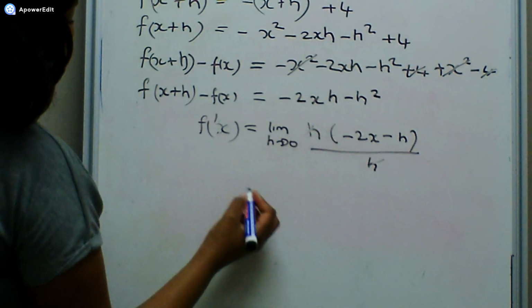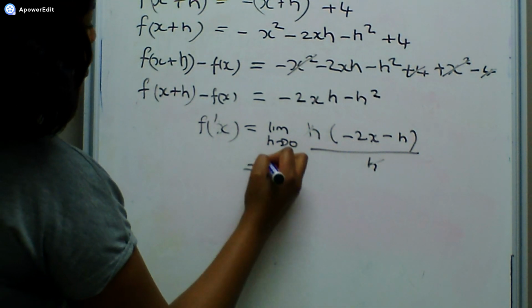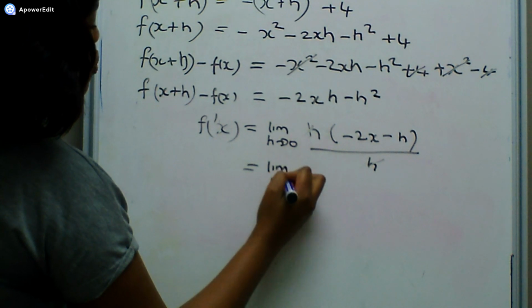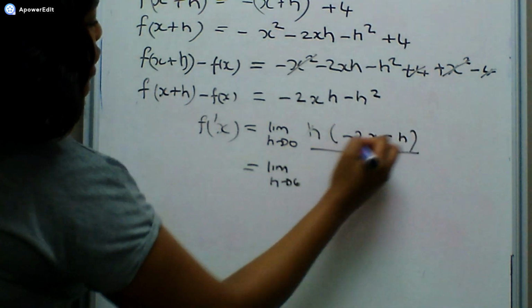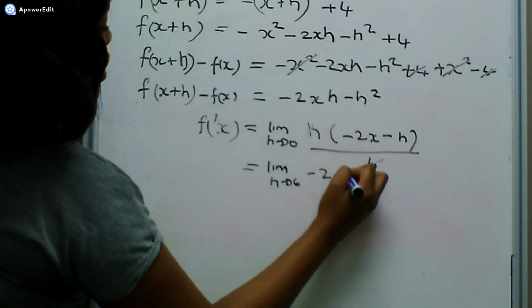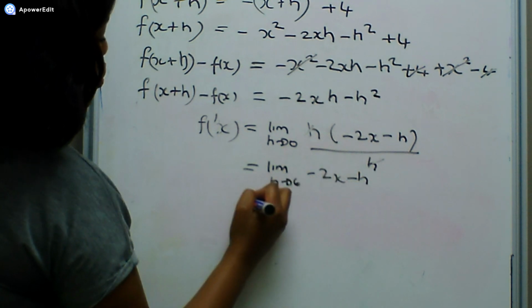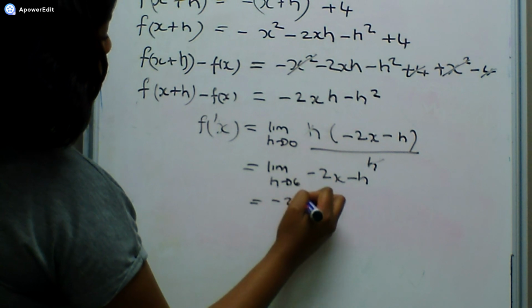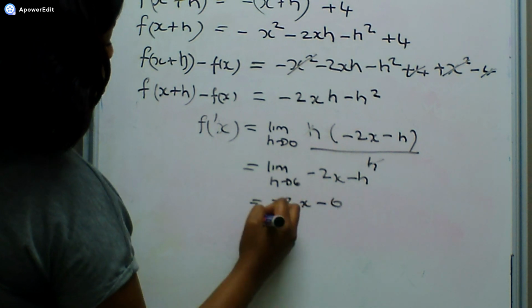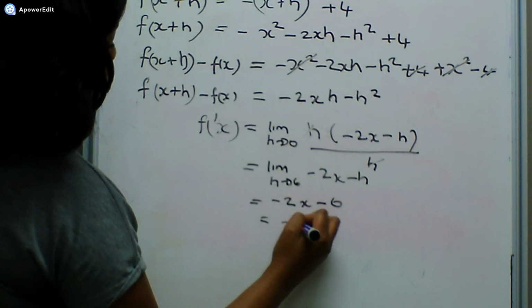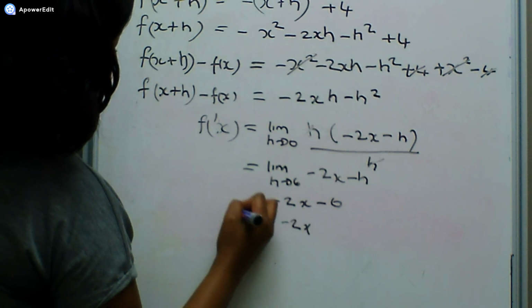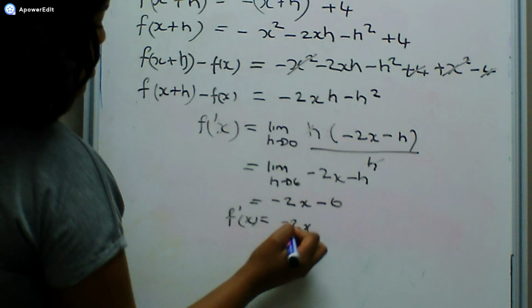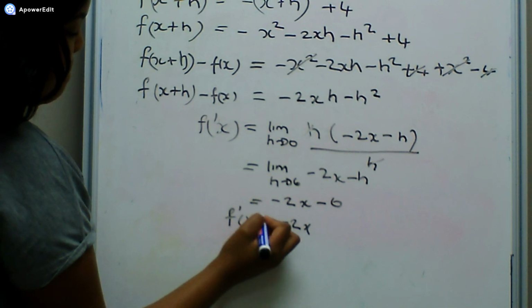So what I just did here is that I just took the h, since it's a common factor, I took it outside the brackets, and I am now left with minus 2x minus h over h. So you can see that h and h cancel out, and then I have limit of minus 2x minus h. So then I go and substitute my h for 0, and the final answer is f prime of x is equal to minus 2x. That's it.